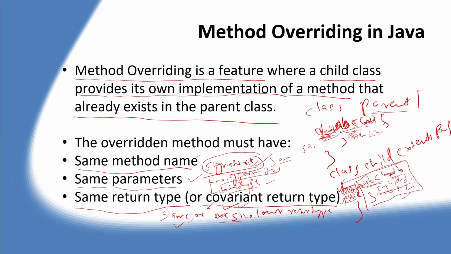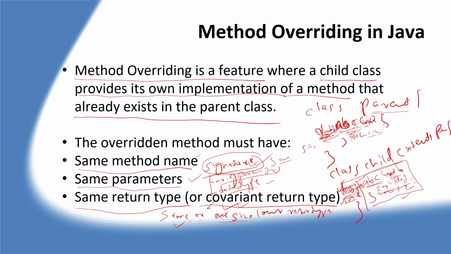So if a child class needs different behavior for the same method, it can redefine it in the child class. This is called method overriding. The child class replaces the parent's implementation with its own.